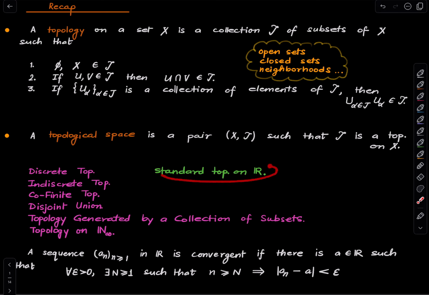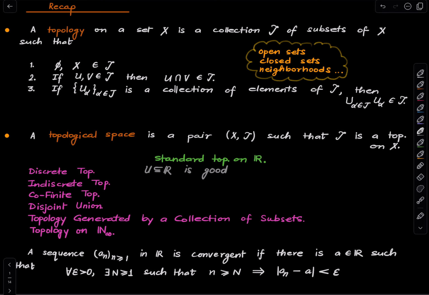So let's recall what the standard topology on R is. If you are given a subset U of R, we will declare this open, or if that is confusing, we'll declare this good, if you can write it as the union of open intervals.